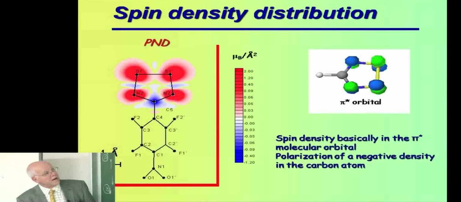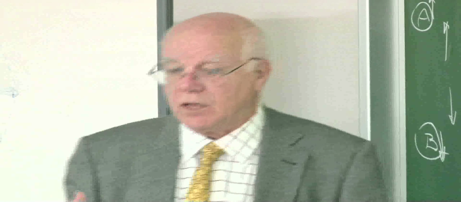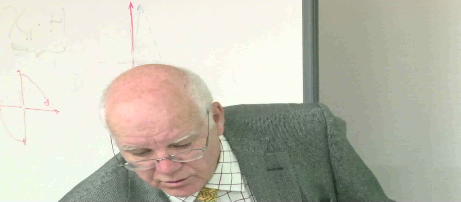So forget packing this molecule head to tail, because if you pack this molecule head to tail, the tail here down is not going to do anything magnetically. We need to pack this head to head somehow. And we found that the diamond alignment gives the best, strongest magnetic interaction.